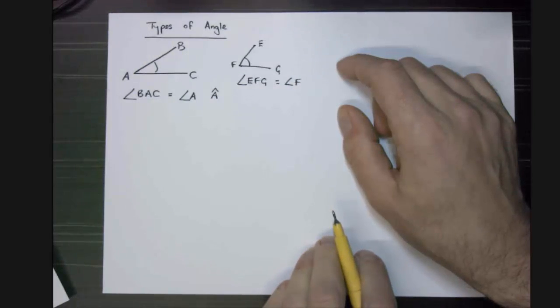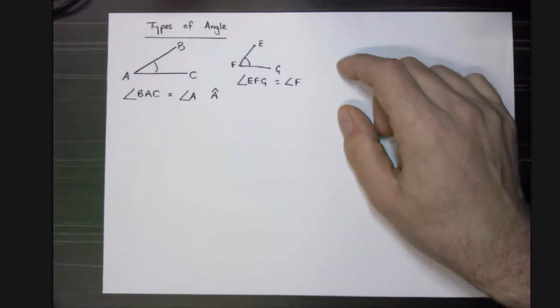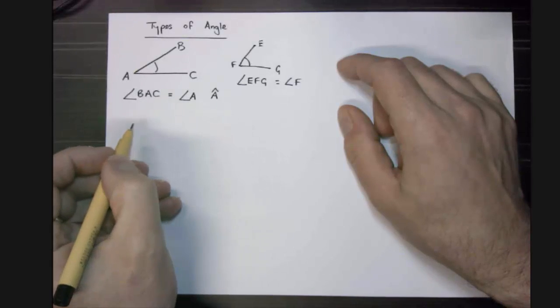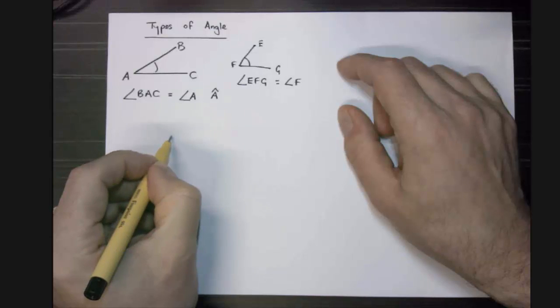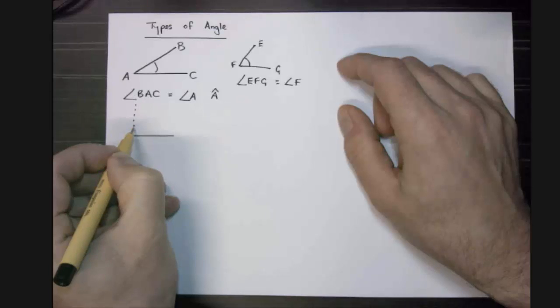So we know how to label and name angles now. We need to deal with different types, and different types depend on their exact angle. We know that if an angle is less than 90 degrees, so here is a line, and let's say this is 90 degrees.